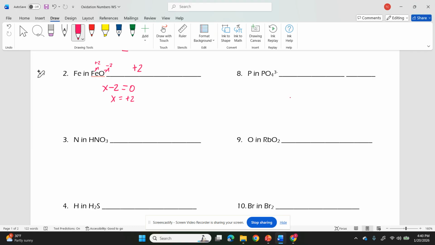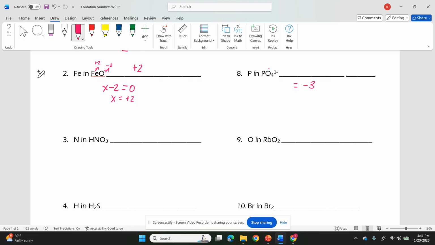If we look over here at number 8, this is where we see a little bit of a difference. We have 2 elements and we have a charge. So we actually cannot set this to 0. We must set it to a -3. Then we look at our rules. Do we have a rule for phosphorus or oxygen? I only have a rule for oxygen.